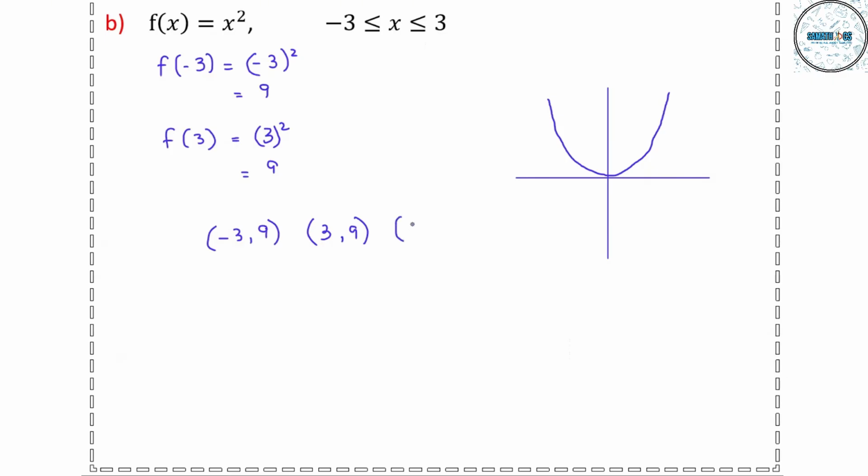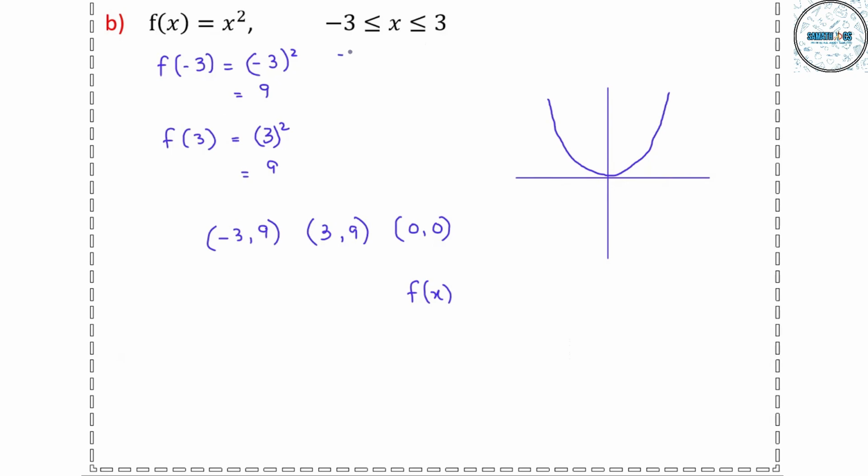The turning point here is 0, 0. Now, when writing the range, we have to consider the value of the turning point as well, as the value of x is within this domain. 0 is within this domain.